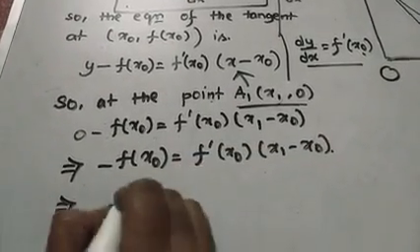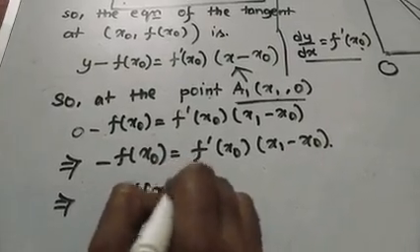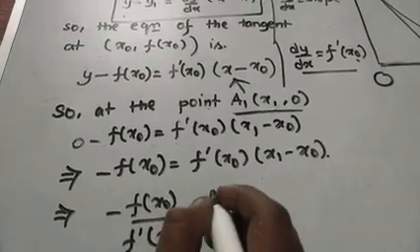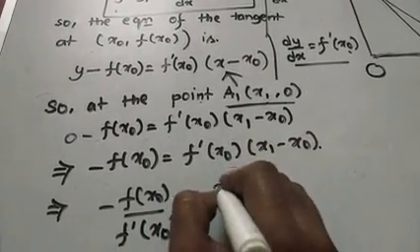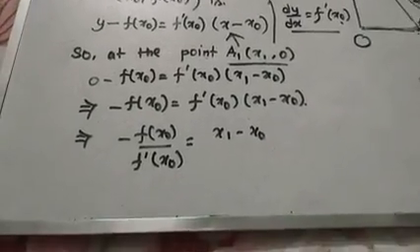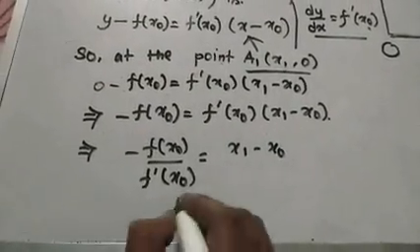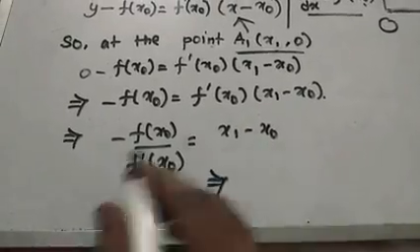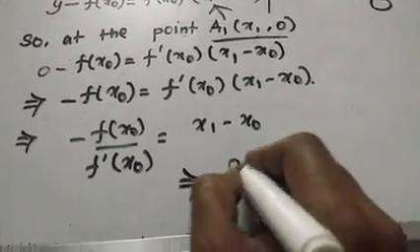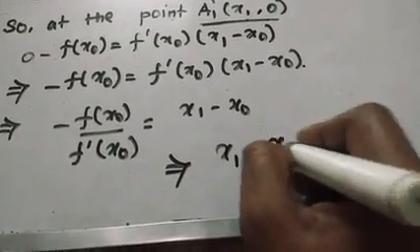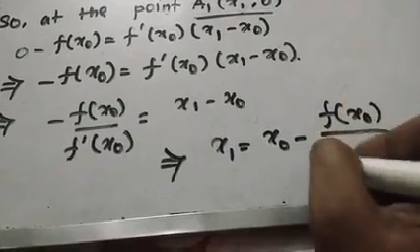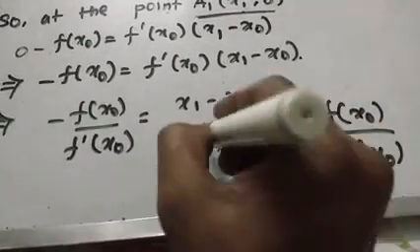Now let us take this derivative here. Okay, so finally what we get after simplification, just changing sides, we will get x1 equals x0 minus f of x0 by f dash of x0.